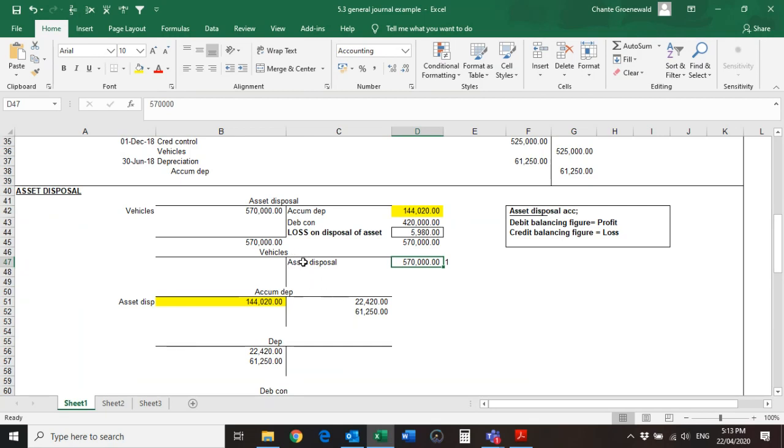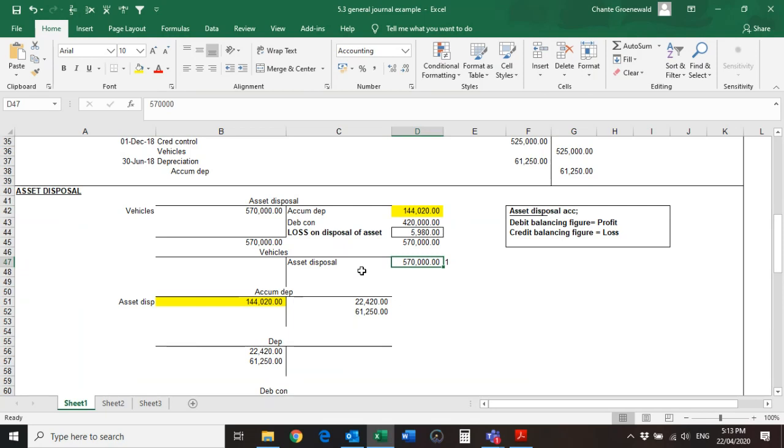This makes sense because my vehicles, which is my asset, is going to decrease. It's decreasing, so that's why I'm crediting it. I'm going very slowly, so I hope you understand. I'm crediting my vehicle account because I'm decreasing it, because I'm selling it.